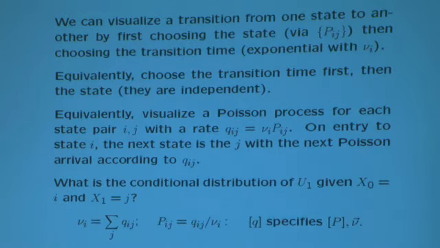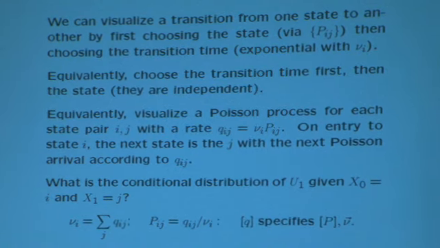Okay, you can visualize a transition from one state to another in three very convenient ways. And these are ways that I hope we've really learned to think about from looking at Poisson processes.